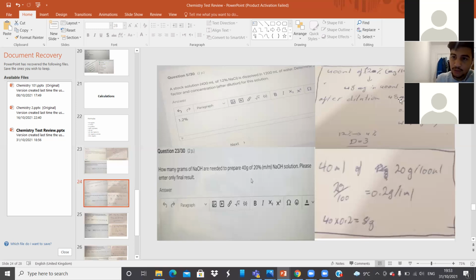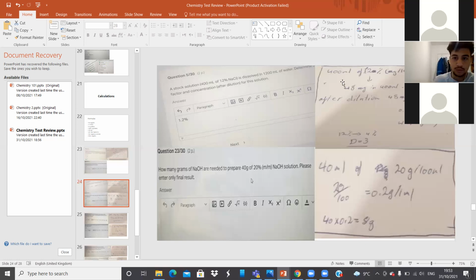So it's 48 grams in 1,200 milliliters, which is 0.04 grams in 1 milliliter. Percentage is grams per 100 milliliters, so we multiply by 100, which gives us 4%, or 4 grams per 100 milliliters.